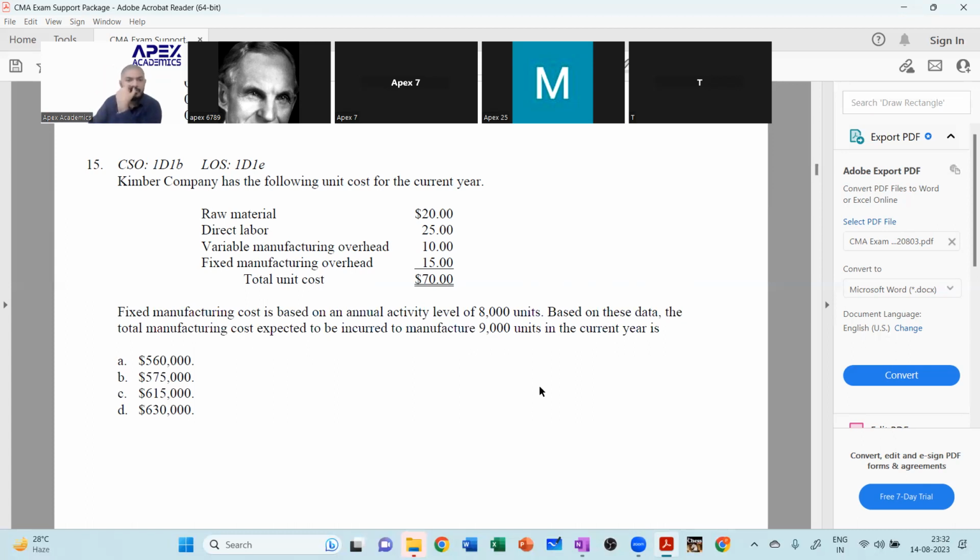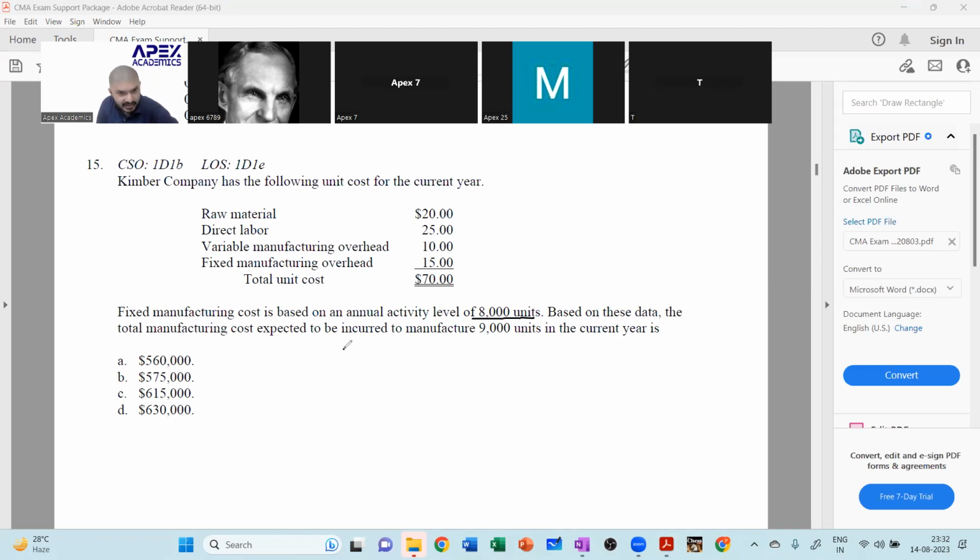Now, the fixed manufacturing cost is based on an annual level of 8,000 units of activity. Based on this data, the total manufacturing cost expected to be incurred to manufacture 9,000 units in the current year will be how much? 8,000 is your predicted level of activity.